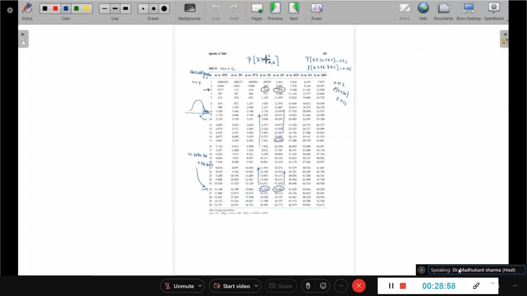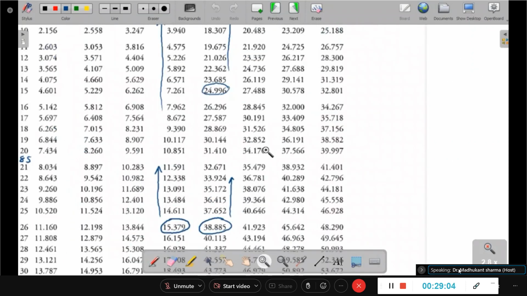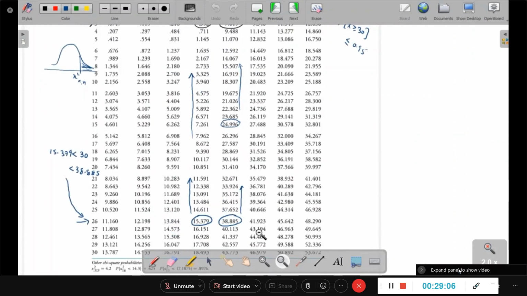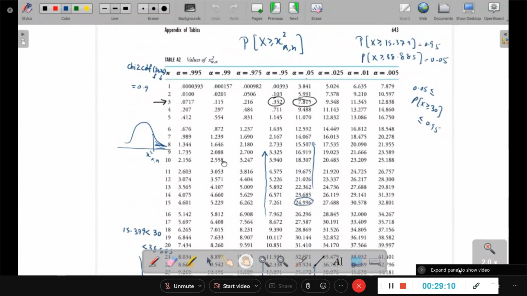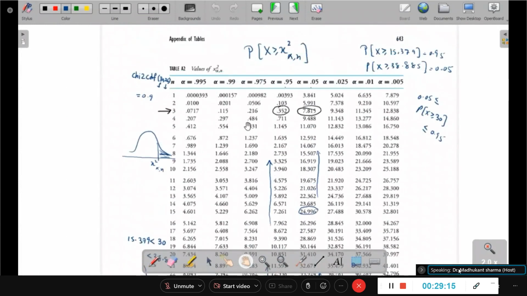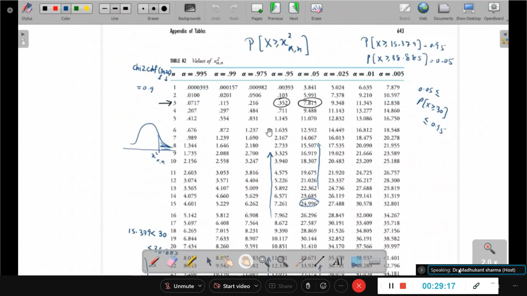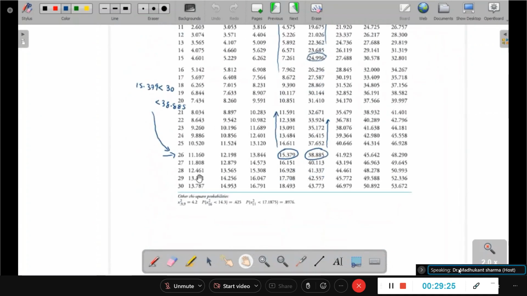Now this is the table. Let me zoom it. So this is the table for chi-square distributions. This column stands for n values: 1, 2, given till 30.